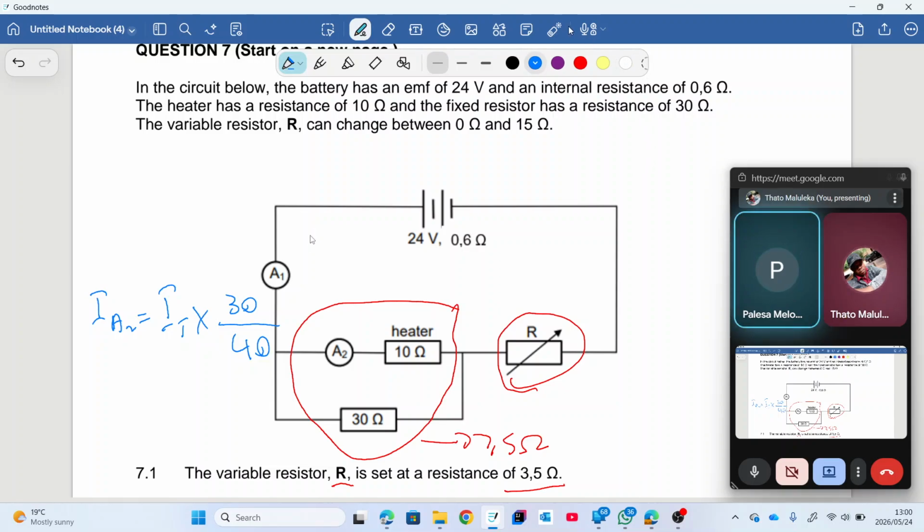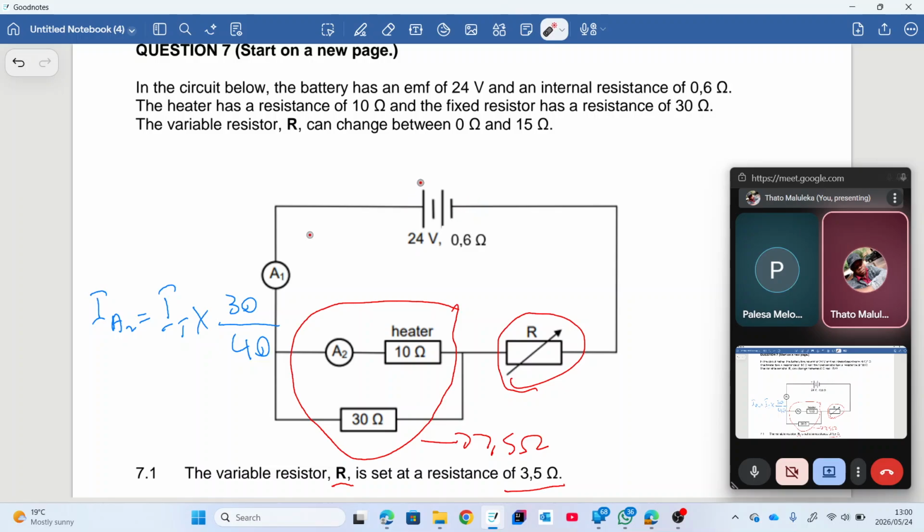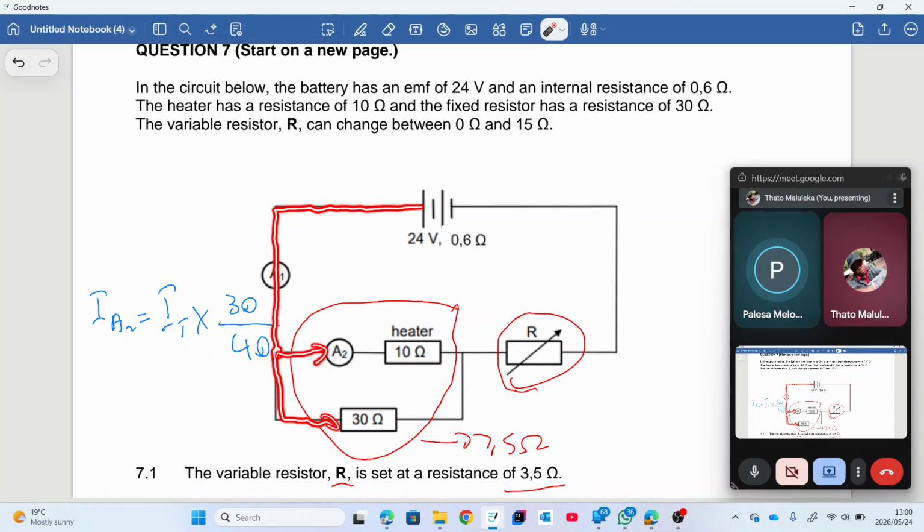Current travels from the positive terminal of the battery. When it reaches this intersection, there are two ways, so the current will divide itself. Some of the current will go there, while some will go there. How does it divide? It divides itself based on the size of these resistors.